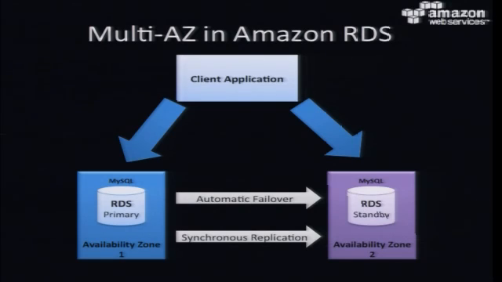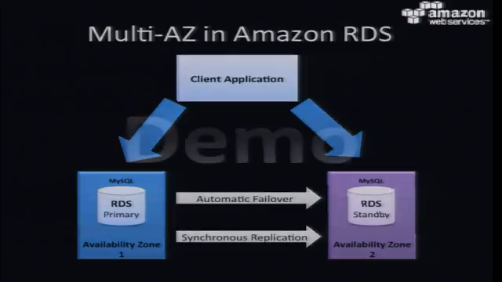And after a while, the primary gets fixed and it gets into the standby mode, and the replication will again start till the point that it is up to date, and this process will just repeat in the future. So this offers you a unique advantage of failover without you really configuring anything. It's a checkbox option, or rather a drop-down option.